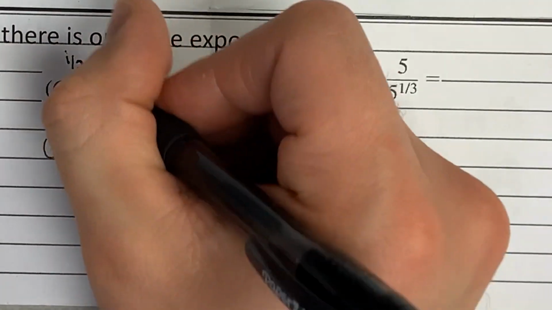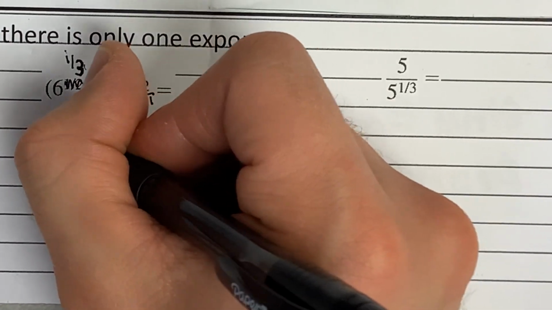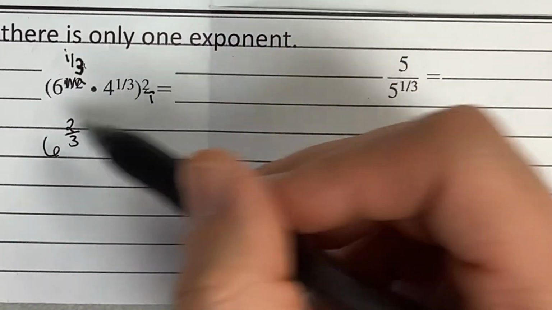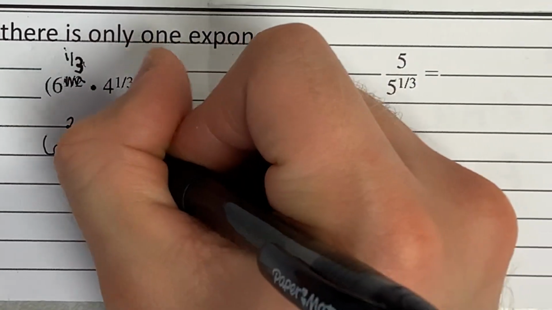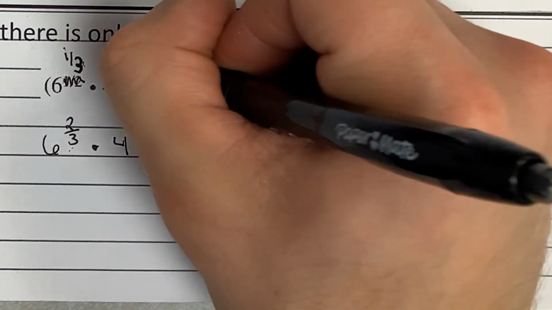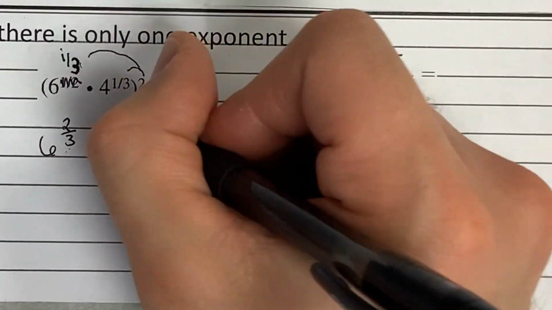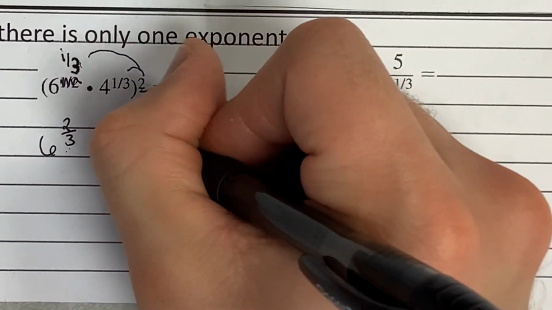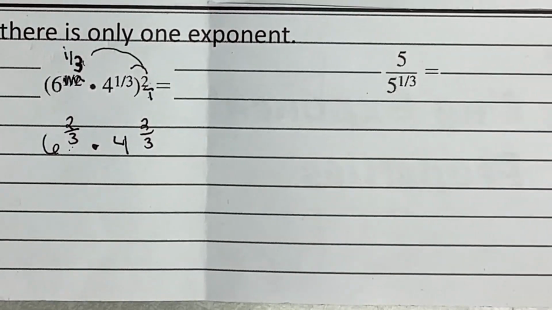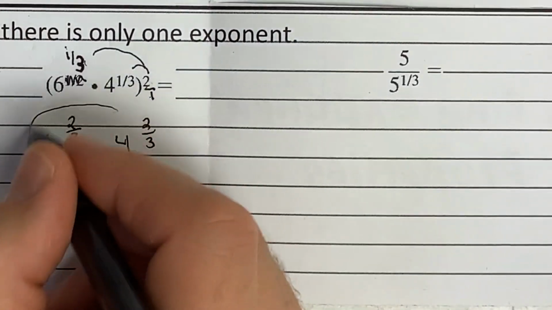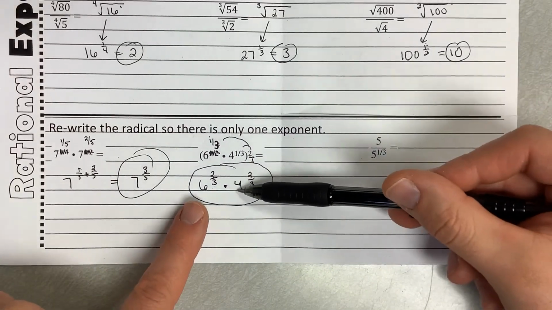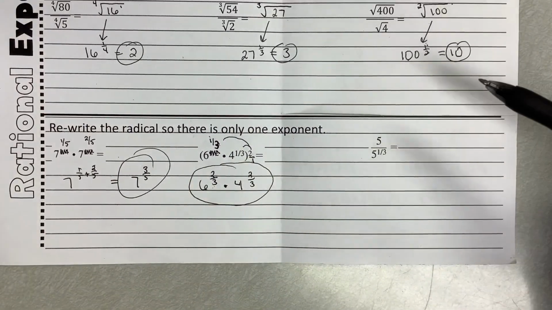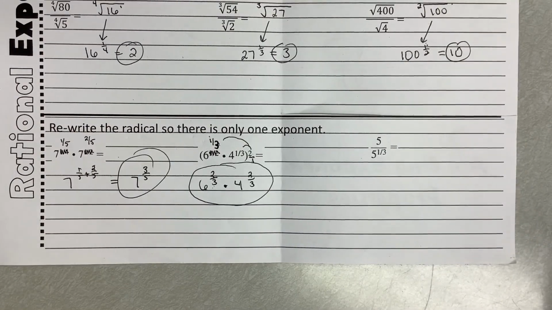So 1 times 2 is 2. 3 times 1 is 3. And there we go. Times 4. Multiply it over here, right? 2 times 1 is 2. 3 times 1 is 3. And that's it. I just distributed my powers. I'm not going to worry about actually evaluating these, okay? And plus, these are not like bases, so I can't add my exponents there like I did over here. And so I'm done. That's all I can do, guys.